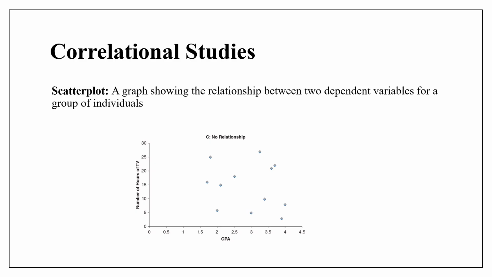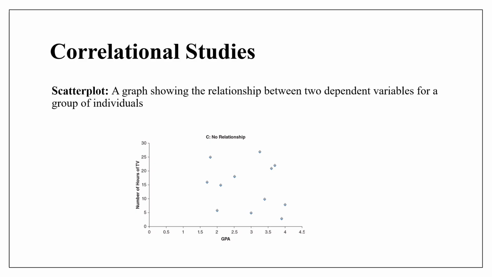But before we get moving into that, another thing that I want you to notice are the specific dots that are placed in this scatter plot. Each one of those dots represents one individual in the data set, and it represents two different observations for that one individual. So we have an observation for GPA, and then we have an observation for number of hours of TV.